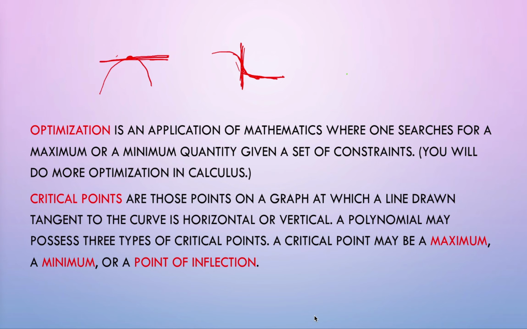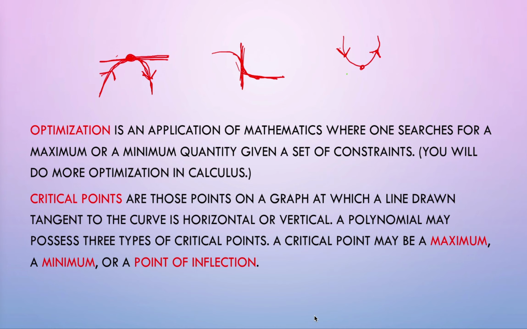A polynomial can have 3 types of critical points. A critical point can be a maximum, a minimum, or a point of inflection. The maximum is where your function starts out increasing and then changes to decreasing. The minimum is where your function starts out decreasing and changes to increasing.